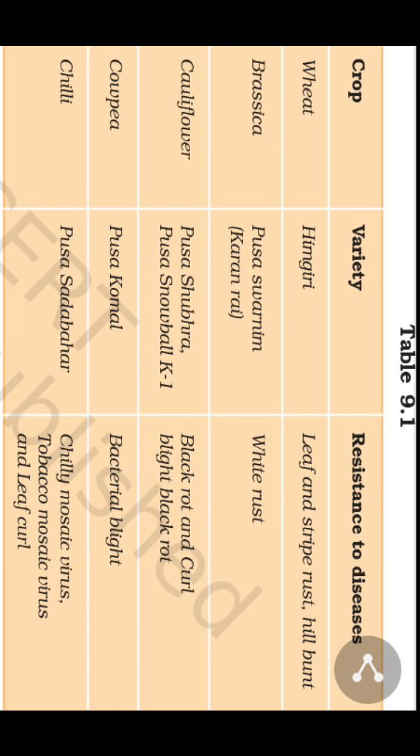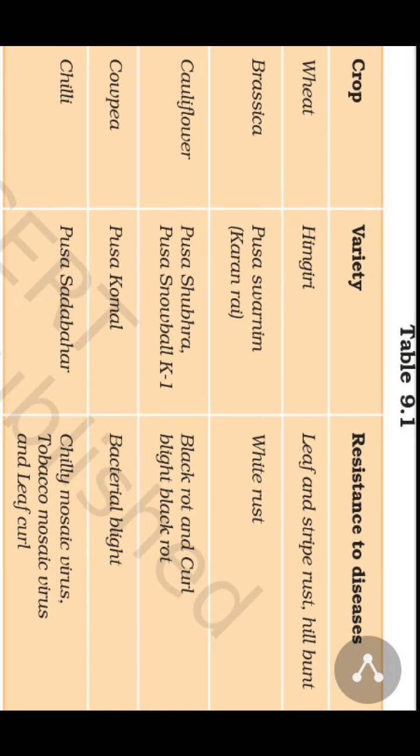Some diseases caused by fungi are more dangerous, and sometimes they may cause yield loss of 20 to 30%, as we learned above, or sometimes even the total crop can be lost by the farmer. Those diseases are called rust diseases.